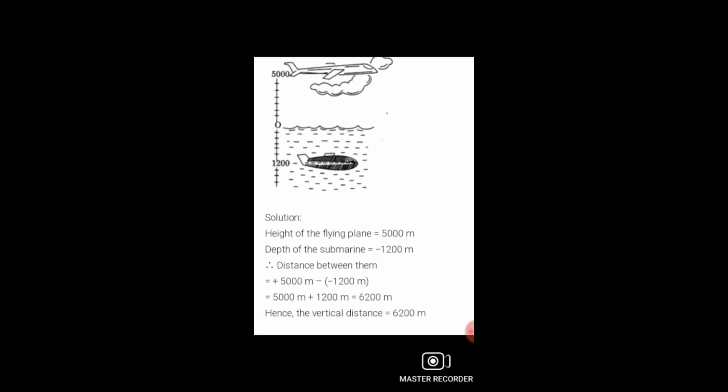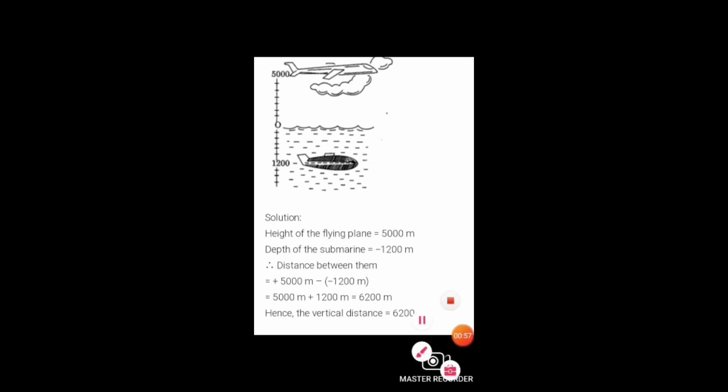So the height of the flying plane is a positive number, that is plus 5000 meters, and the depth of the submarine, that is below the sea level, we have to take as a negative number, minus 1200 meters. We have to find the distance between them. So 5000 meters minus 1200 meters. Minus into minus becomes plus.